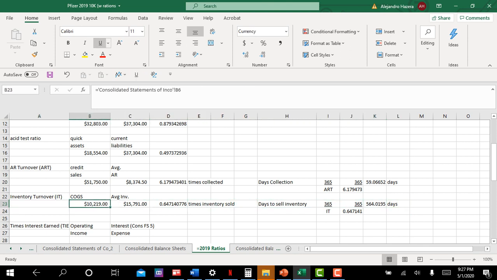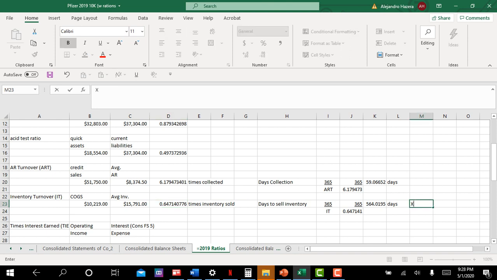So as a class, we'll look more into that number, or maybe somebody, you're all specialists, knows more about your own company than I do, obviously. This means that it takes a year and a half to sell the inventory balance. Usually inventory turnover is larger than 1, so I'm going to put a red X by this.